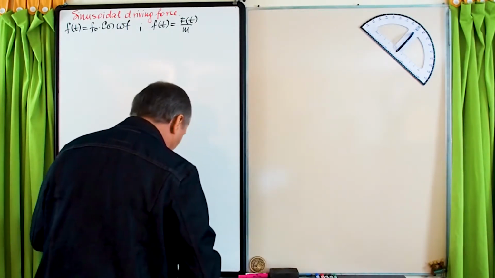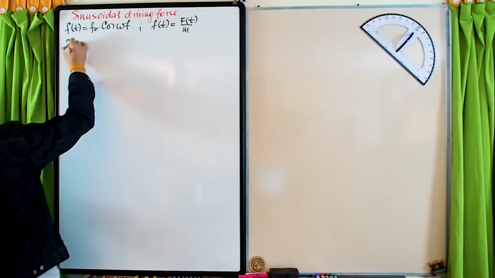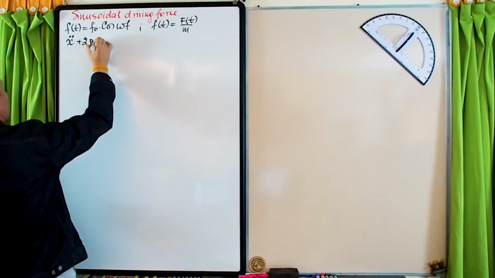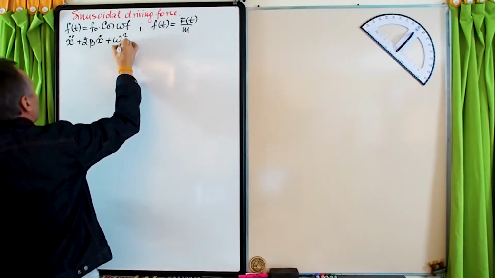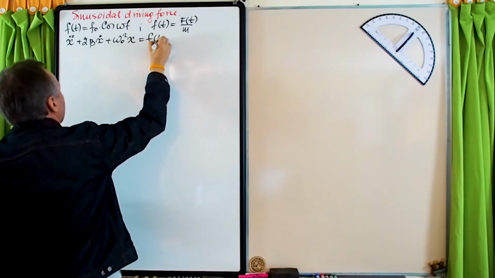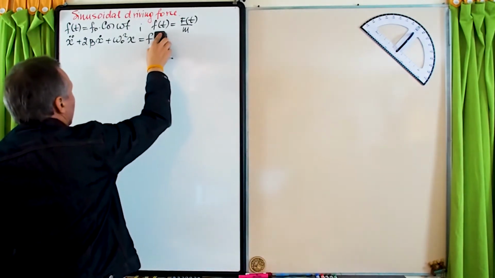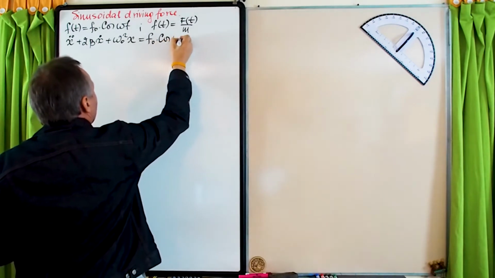As a result, our differential equation looks like this, still a quick review of the previous class: x double dot plus 2 beta x dot plus omega naught squared x equals f as a function of time. Let me write immediately our form: F naught cosine omega t.